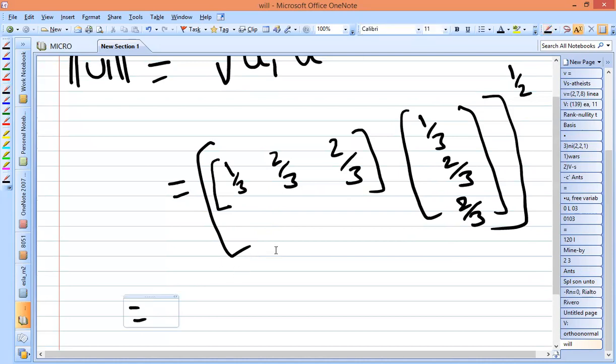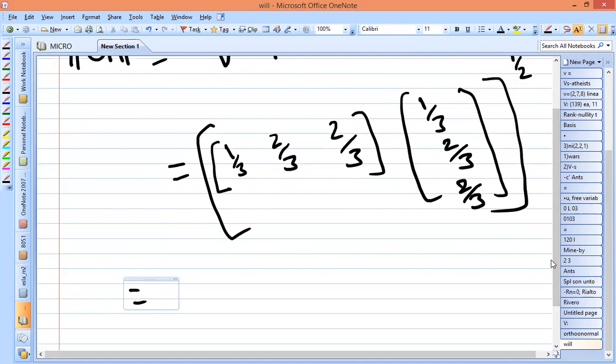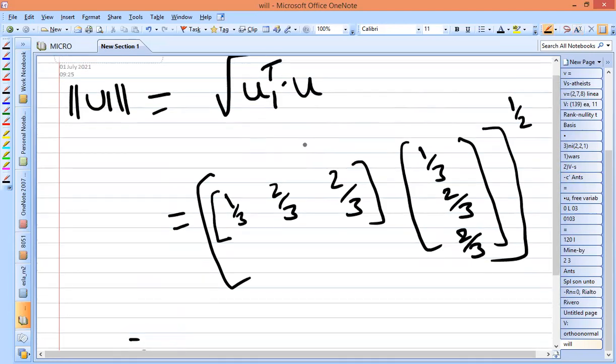No, here we are going to consider the length. U1 transpose into U1. Here just make this as U1.